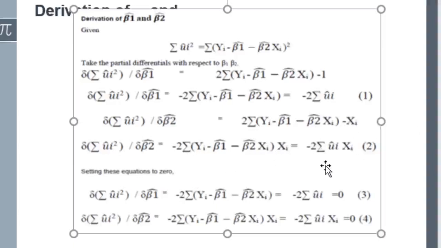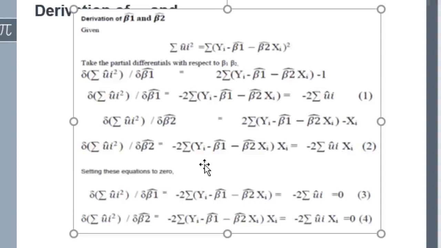Therefore, this yi minus beta 1 cap minus beta 2 cap xi is nothing but the ui cap, and this function can be rewritten as minus 2 sigma ui cap xi. This is the second equation. The first equation is this one, and the second partial differential of this function with respect to beta 2 cap is this one.